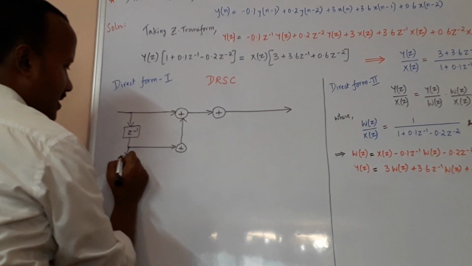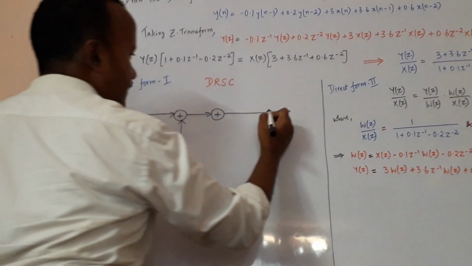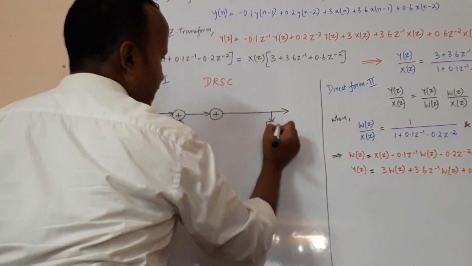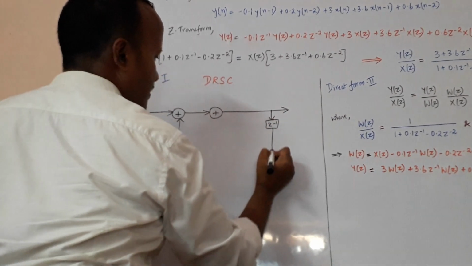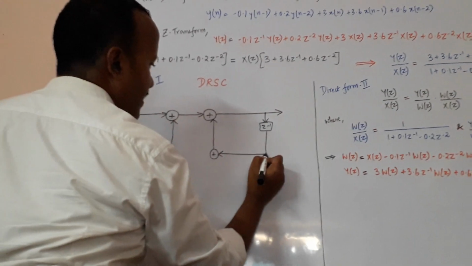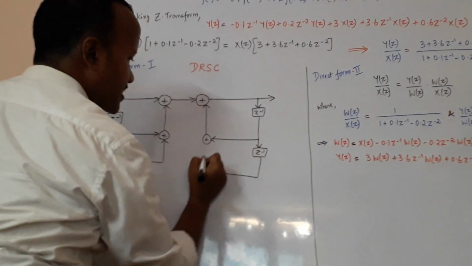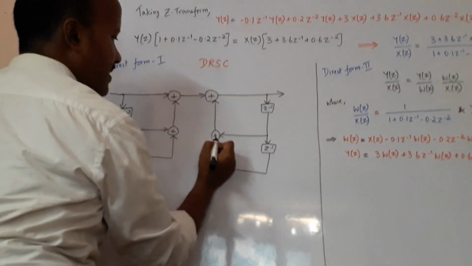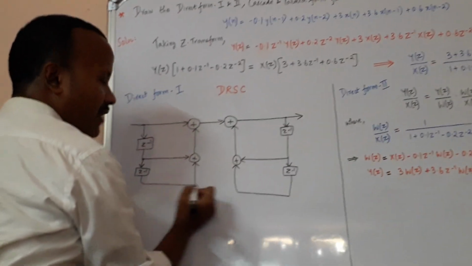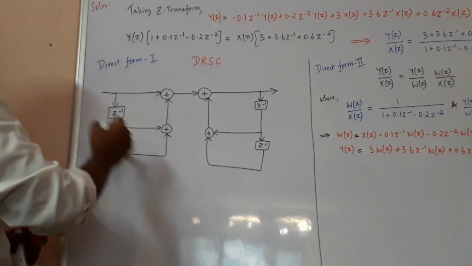Here also delay, here no adder. Delay, adder. And here delay. Last section will not contain adder because adder minimum consists of 2 inputs. If you put an adder here, you have 1 input, that will not come. So this is 2 delays.